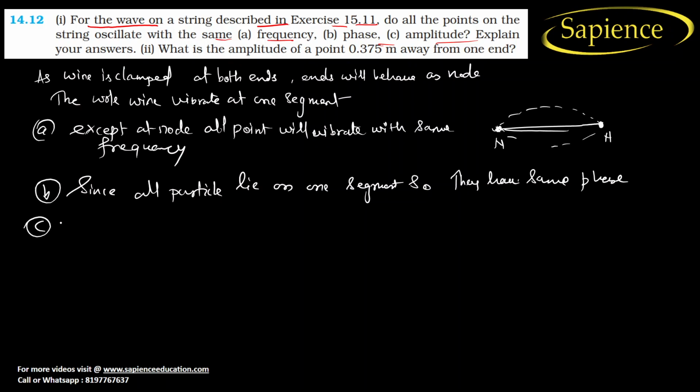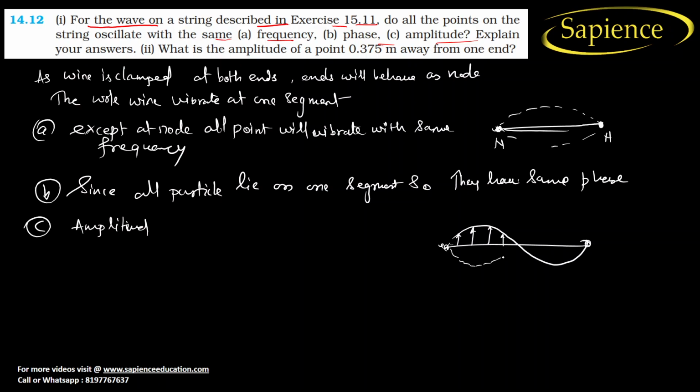Got it? Now let us talk about the C point. They are talking about amplitude. You need to understand, if the wave has been created like this, at this point there will be a different amplitude, at this point different, and at this point different.